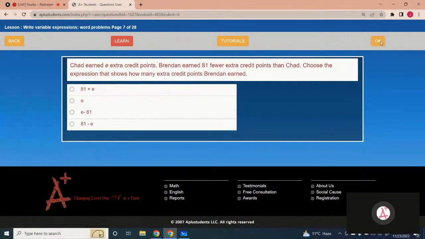Okay, the next one is Shad earned E extra credit points. Brendan earned 81 fewer extra credit points than Shad. Choose the expression that shows how many extra credit points Brendan earned. So Brendan had 81 fewer.